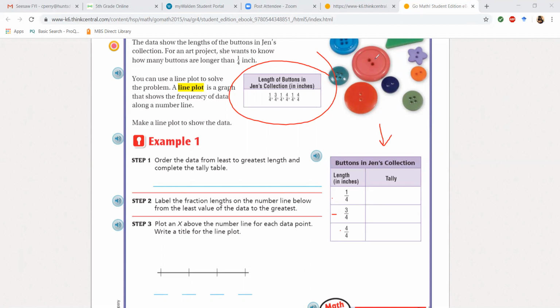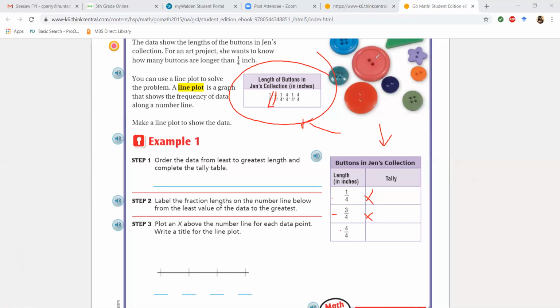Looking at the data, the first one is 1/4, so I'm going to come over to 1/4 in my box and put an x. I'm going to cross out that 1/4 so I know I already used it. The next fraction is 3/4. I'm going to put an x in the 3/4 tally and cross it out at the top.